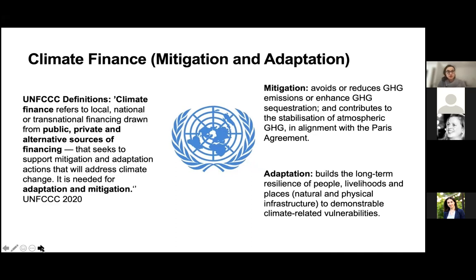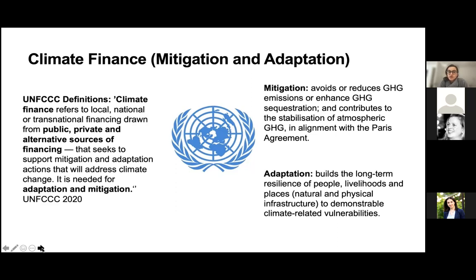Mitigation refers to all those activities that either avoid or reduce greenhouse gases or enhance greenhouse gas sequestration, like forestry work, and also contribute to the stabilization of atmospheric greenhouse gases in alignment with the Paris Agreement.